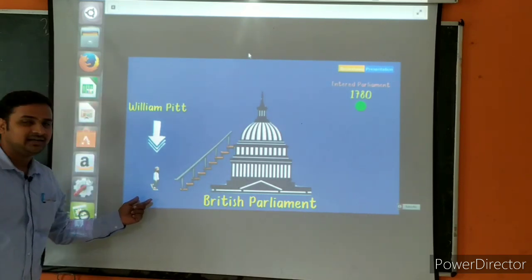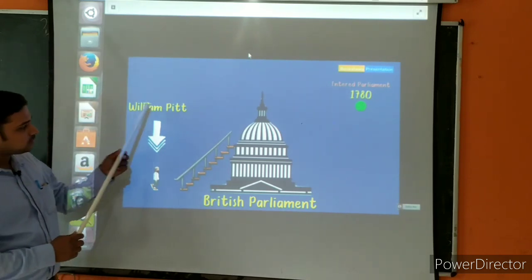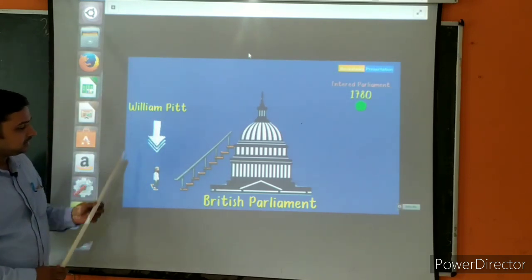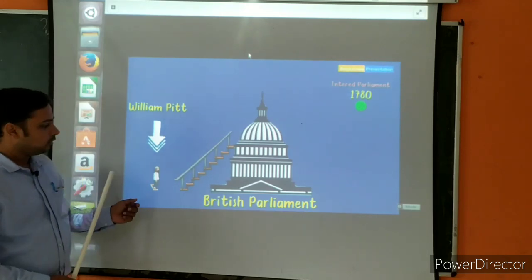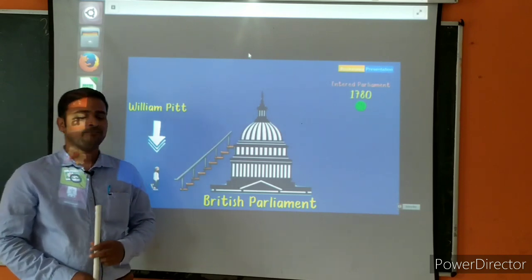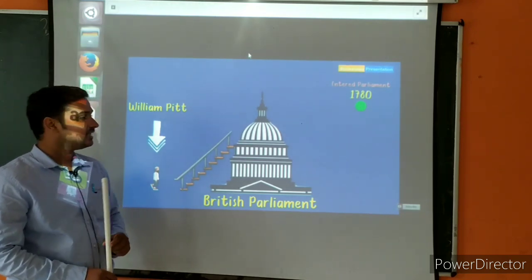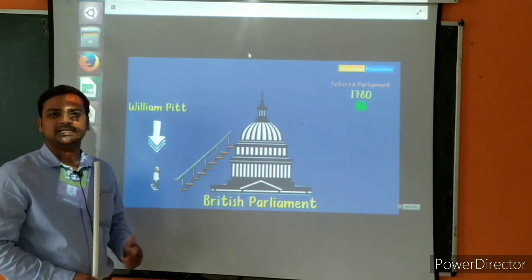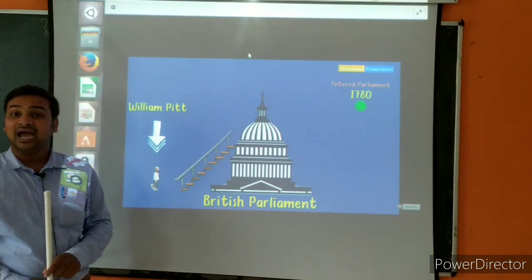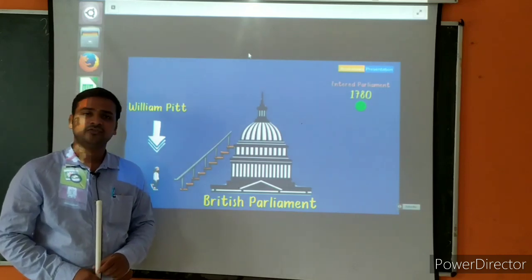In the year 1780 especially, a man entered this structure, and his name was William Pitt. He was a genuine personality who came into the British Parliament at a very young age, at the age of 21 years, and he dominated the British Parliament and became the youngest Prime Minister of England.